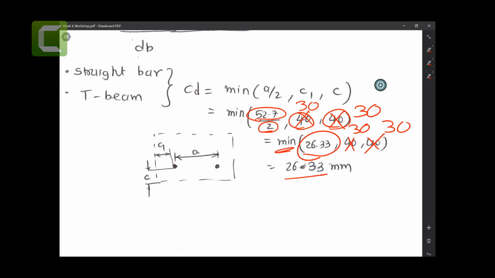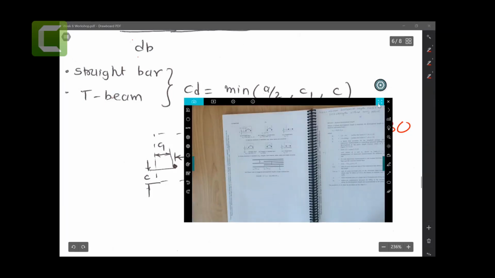So 26.33. What does the standard want to do? You have 30 here, but this one was 26.3 something. So your splitting will occur first here. The standard wants to stop that.